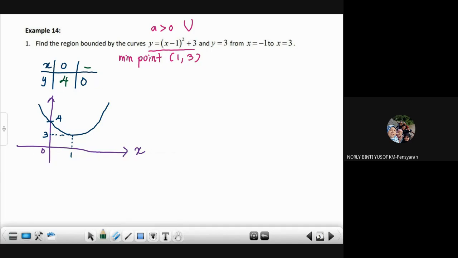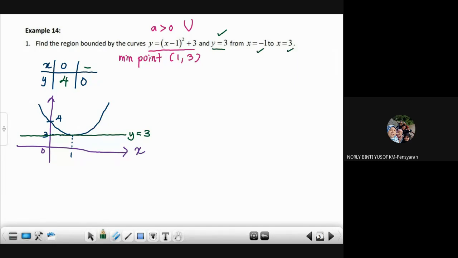Then you read, you have y equals to 3. That means equation straight line tapi baring, y sama dengan 3 kan. So exactly dekat you punya minimum point. So kita pun buat lah. Okay, y equals to 3. Okay, done. And then from x equals to negative 1 to x equals to 3.